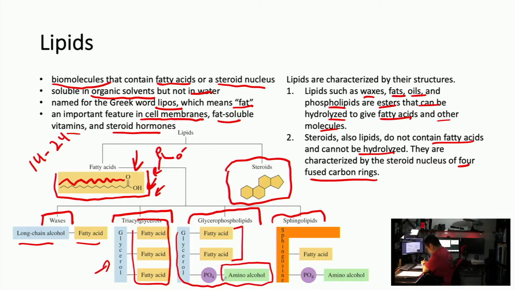And the sphingolipids have a sphingosine backbone attached to a fatty acid, a phosphate group, and an amino alcohol. We'll talk a lot more about those in detail later in this lecture.